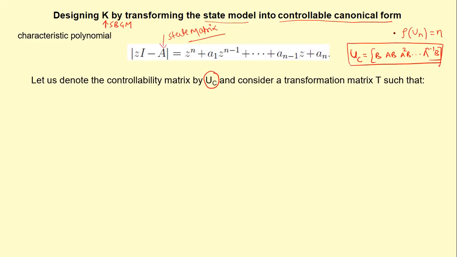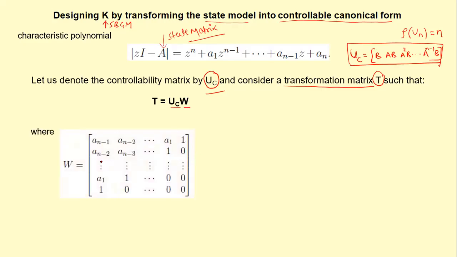Now, first of all, we take the controllability matrix. We will consider a transformation matrix T, and this transformation matrix is given by the equation Uc into W, where W is a weight matrix, which is given by this equation, right? So we have all these coefficients of z.